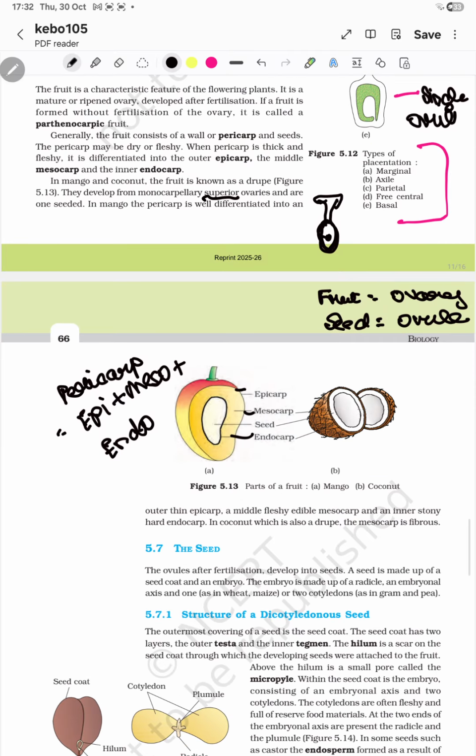In mango, it's a fleshy pericarp, so it's differentiated into epi, meso and endocarp. The endocarp is stony, the epicarp is thin, the mesocarp is fleshy. In coconut, the mesocarp is fibrous.